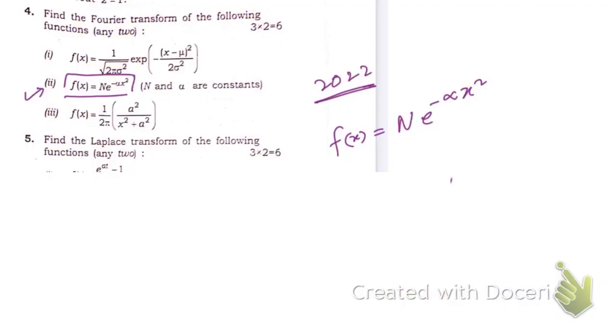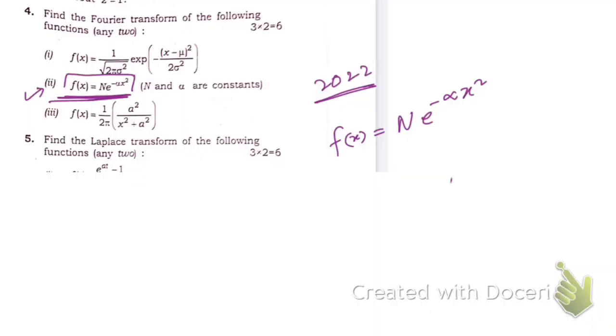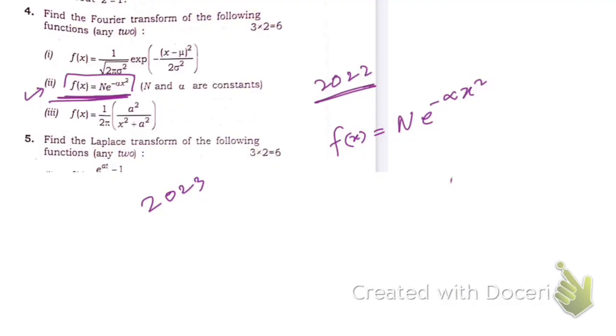So this was asked in 2023 as well. This was the 2022 paper, and this is 2023, right? As we have solved this one already, I would like to request you to watch all the videos I made on this paper, and if you have already watched them, then you must have the solution of this question.